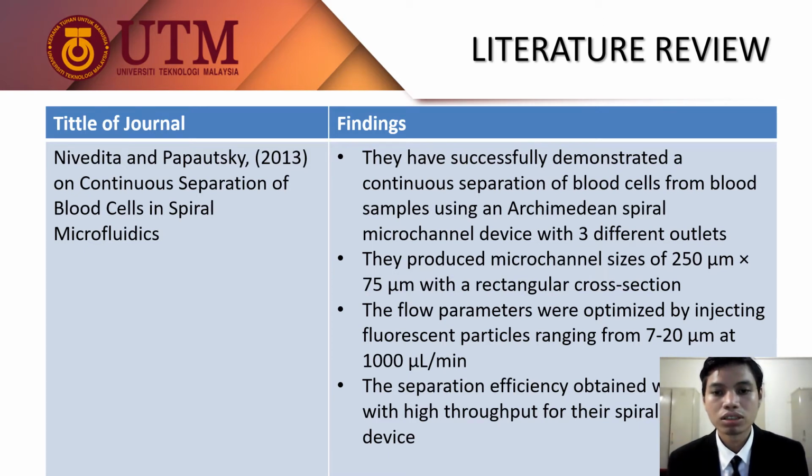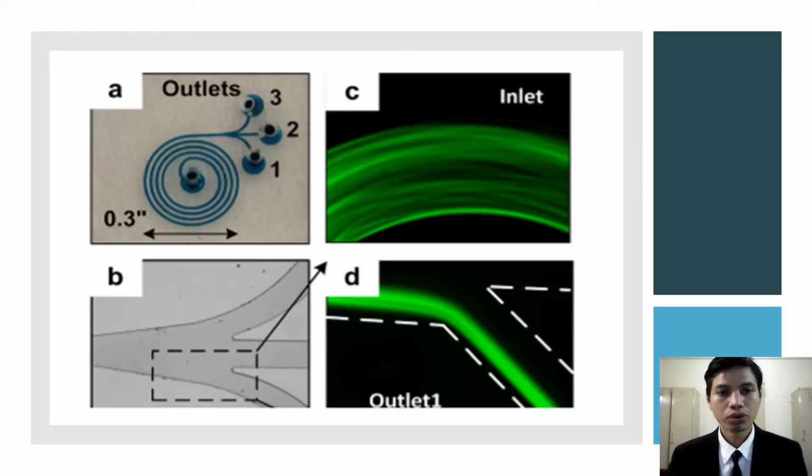The flow parameters were optimized by injecting fluorescent particles ranging from 7 to 20 micrometer at 1000 microliter per minute. The separation efficiency obtained was 100% with high throughput for their spiral microfluidic device. So here is their finding and their result.